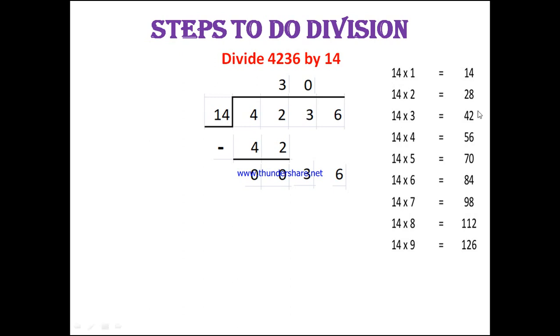So just smaller than 36 is 28 only. How many times? 2 times. So first you write the times, 2, in the quotient place. Then what is the product? 28, because 2 14s are 28.